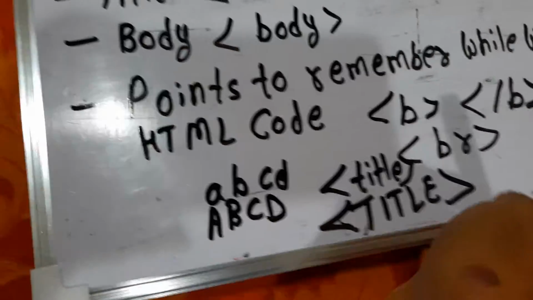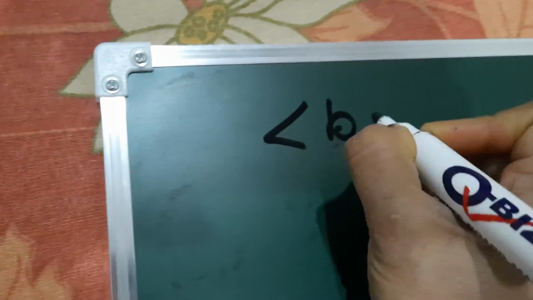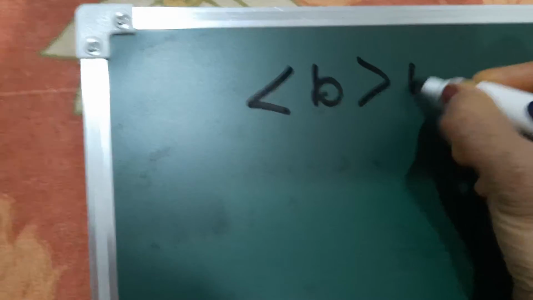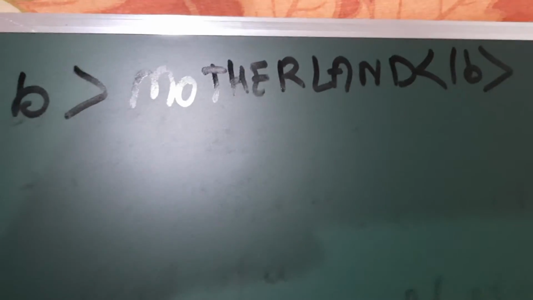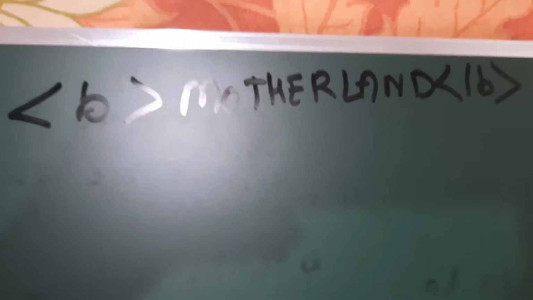See here. If you are writing B, that is bold, motherland, and close bold. Okay, this you have written with no space given.